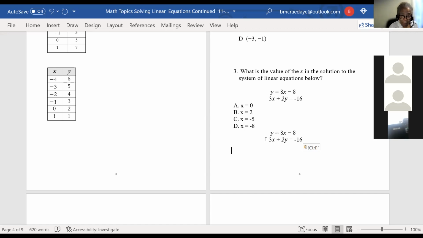Why? Because they give you what y is equal to. So let's just call this equation 1.